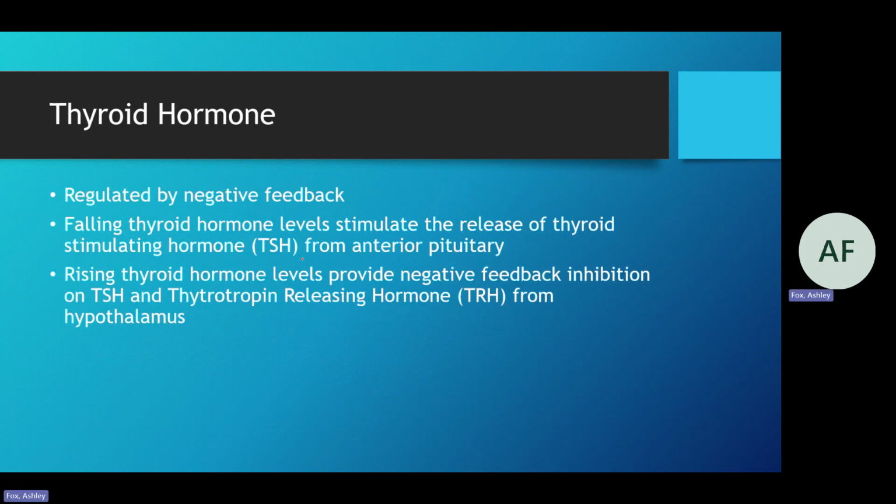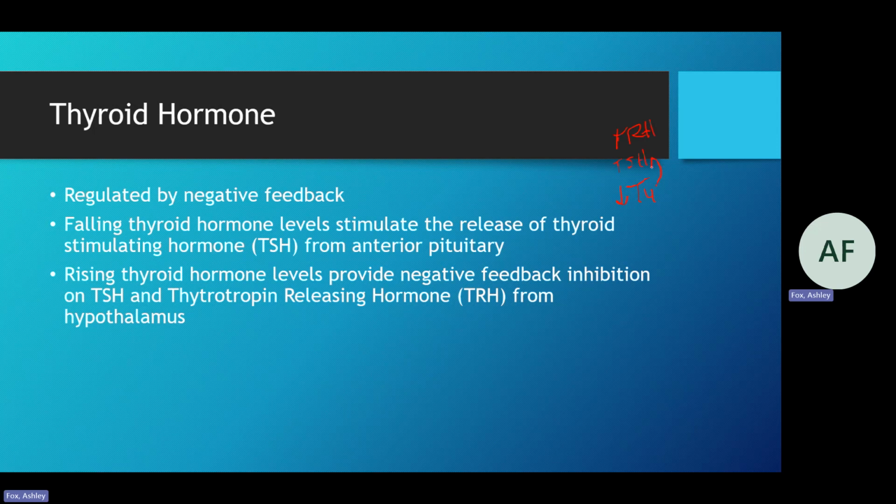As I mentioned before, thyroid hormones are regulated by negative feedback. If you have a low T4 or a low T3, that is going to stimulate the release of TRH and TSH.